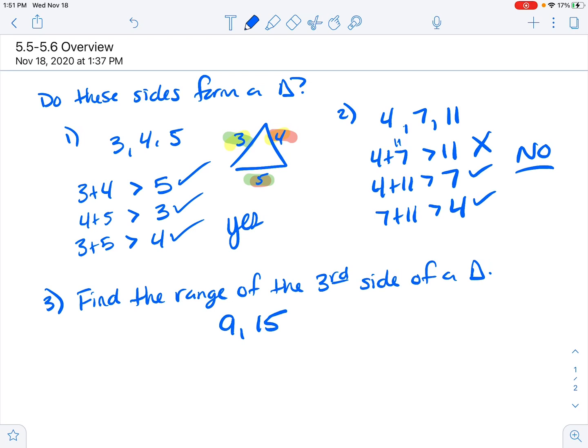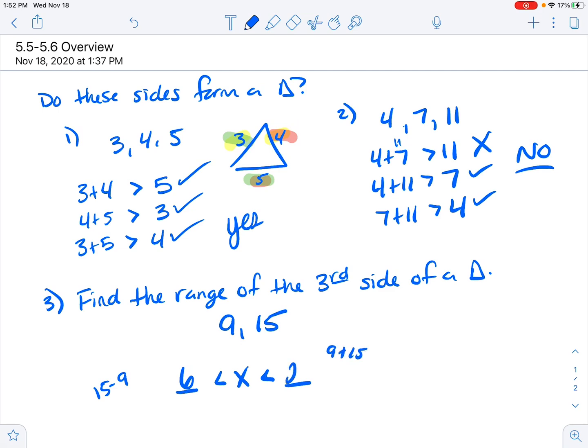Okay, we want a range, which means x is bigger than one number and smaller than a number. So I know I need to fill in these two areas. To get the smallest possible number that x or the third side could be, we're going to subtract these two numbers. So 15 minus 9. To get the biggest possible value that x could be, we're going to add these two numbers.